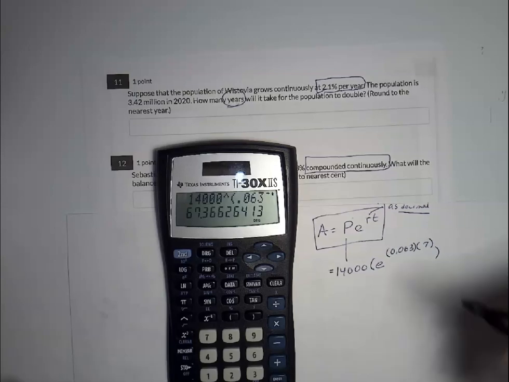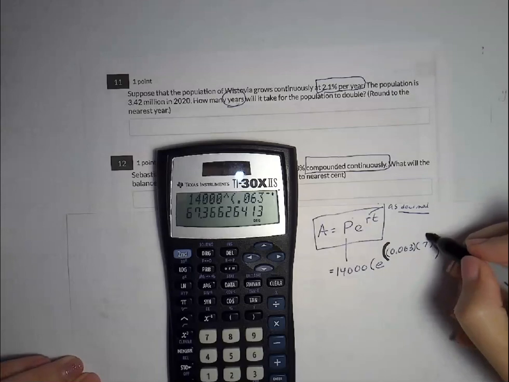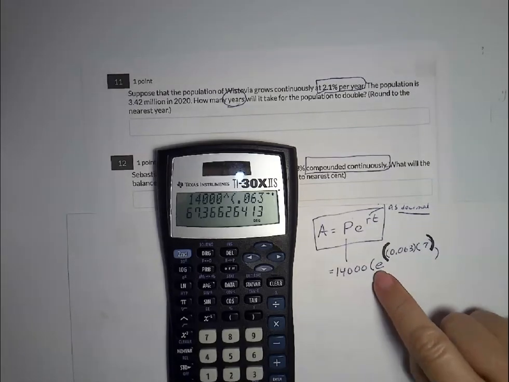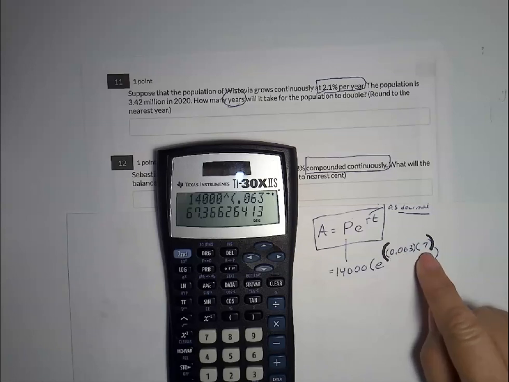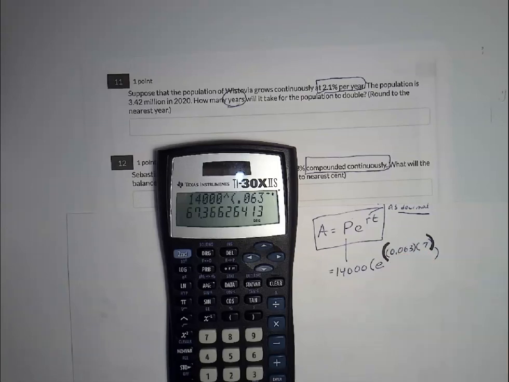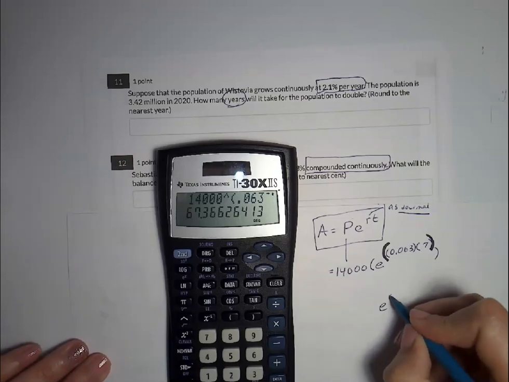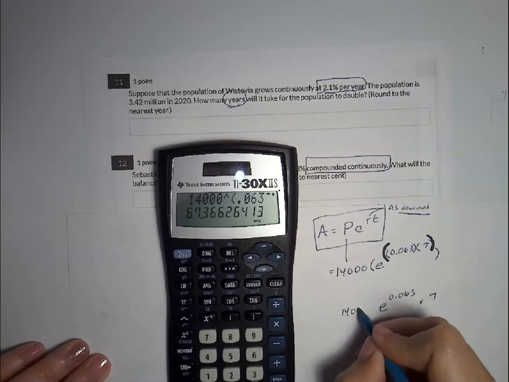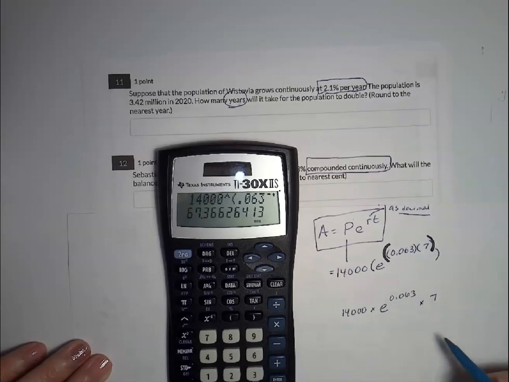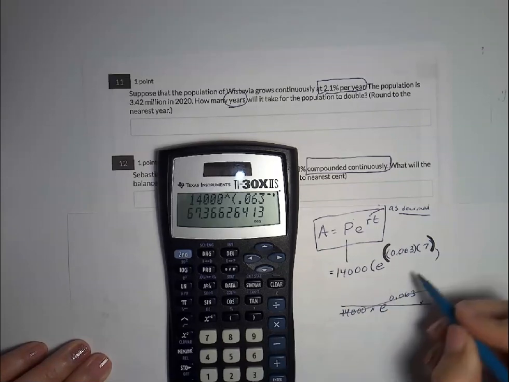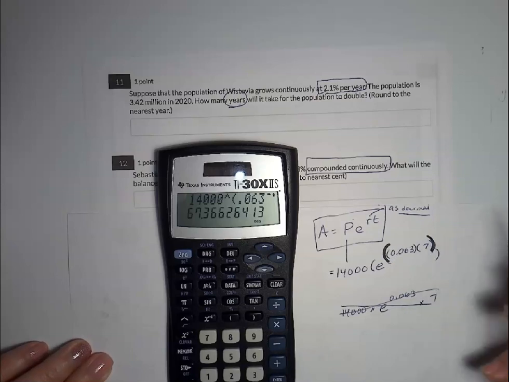They will forget to put parentheses around that product so that the calculator knows that it's E raised to the whole product, not just E raised to the 0.063, and then that times 7. So if you don't put parentheses there, the calculator will see this. And that's not what you want. You want this to be up in the exponent. So make sure you put parentheses around that exponent.